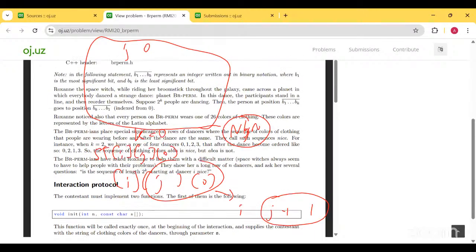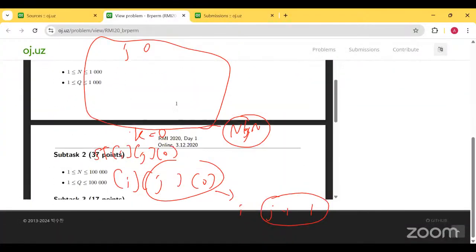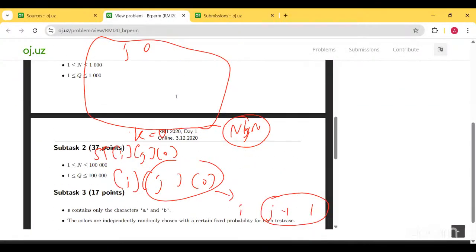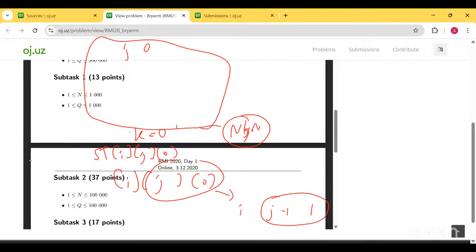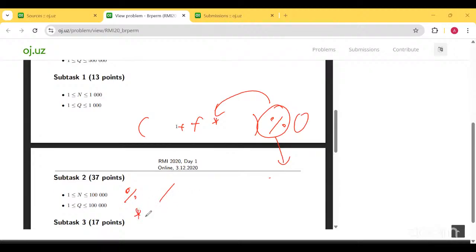Wait, I missed something. Okay. There is a modulo operation here. Do you know how to make it faster? Modulo is slower than multiply, right? Modulo and division operations are slow, and multiply is faster.